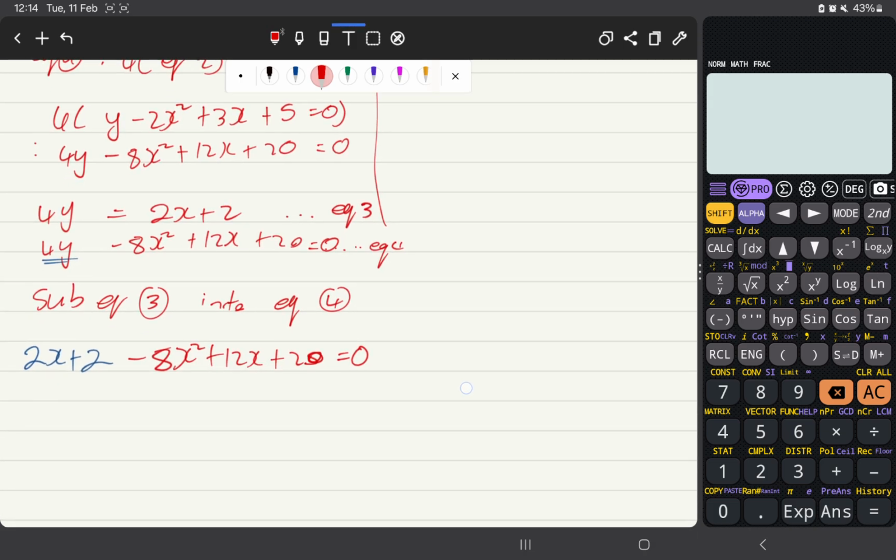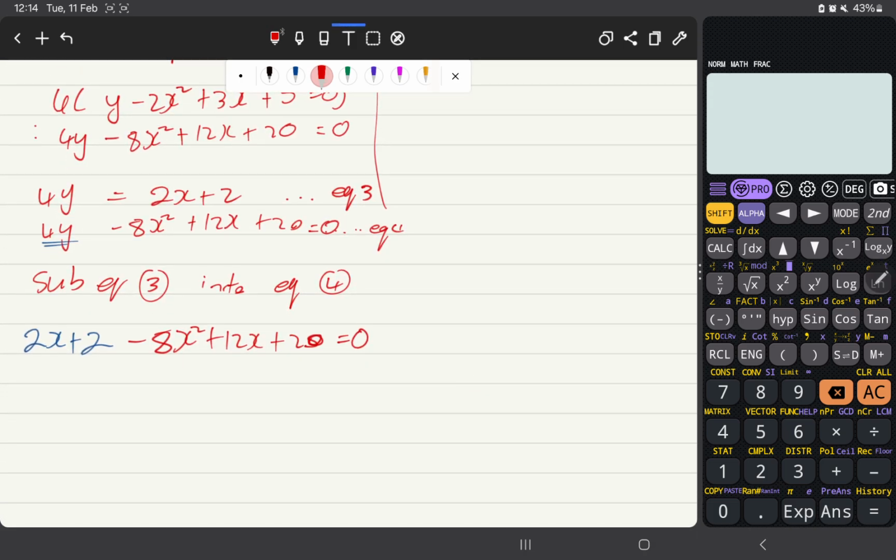Now going on, this one and this one are like terms, and 20 and 2 are like terms, so I'll have minus 8x squared and plus 14x plus 22 equals 0.